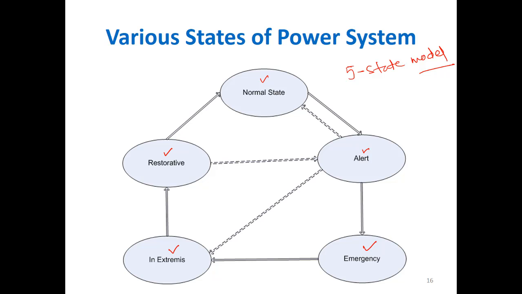Under normal state there is no violation of any constraint. That means total load in the system, sum of PD, is equal to total generation, sum of PG.